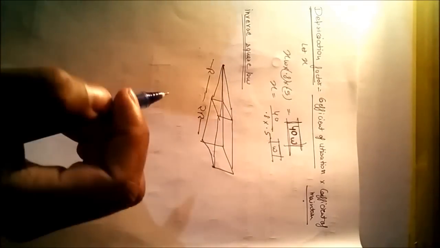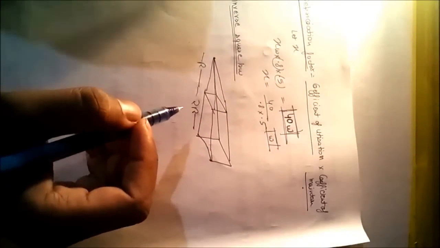Inverse square. Okay, we are talking about the inverse square law. If E is the illumination and I is the luminous intensity, then we know that E is equal to I upon R square, which means E is inversely proportional to R square.